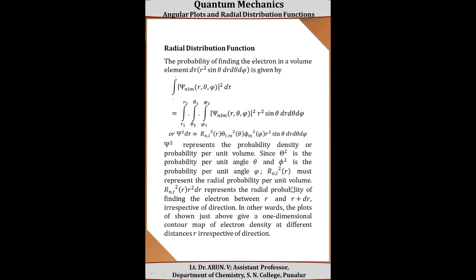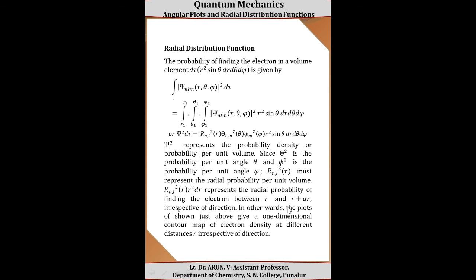Since theta square is the probability per unit angle theta and phi square is the probability per unit angle phi, the R(r) must represent the radial probability per unit volume. That is R n l square r square dr represents the radial probability of finding an electron between r and r plus dr, irrespective of the direction.